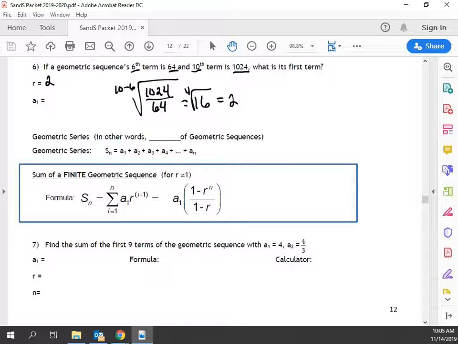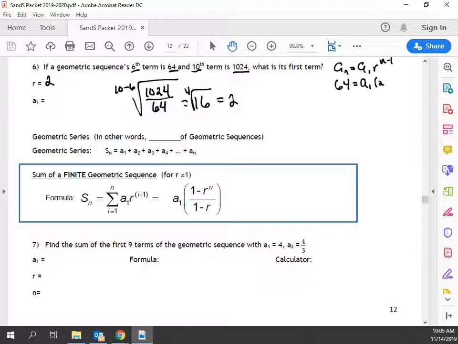How did we find the first term in arithmetic, guys, if we're given the common difference? We had this equation, which now it looks like this. Now we plug in, pick one set, pick a group. Pick sixth term is 64. 64 is equal to, I don't know what that is.